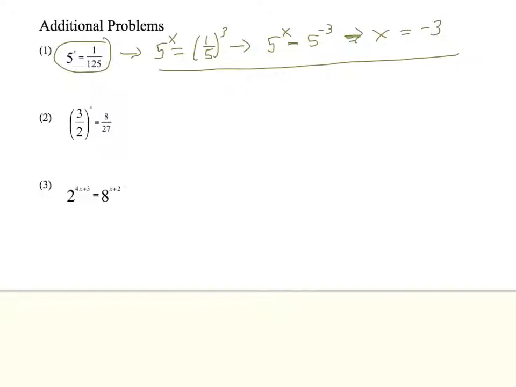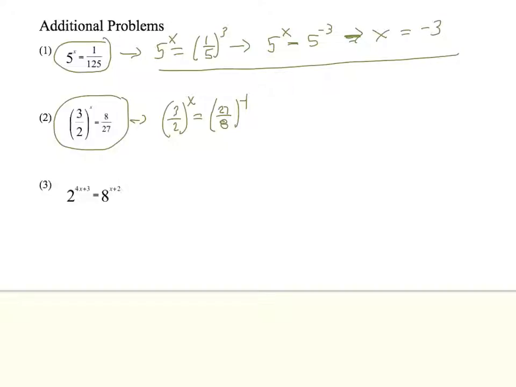Here we have another issue, right, number 2. In this case, here we have 3 over 2 raised to the x, and we're going to rewrite this as 27 over 8 to the minus 1.